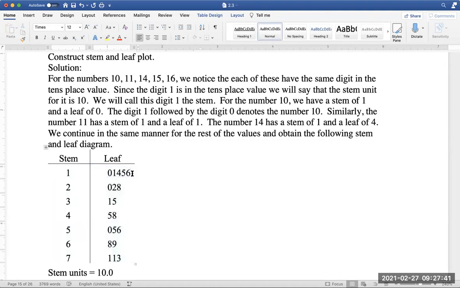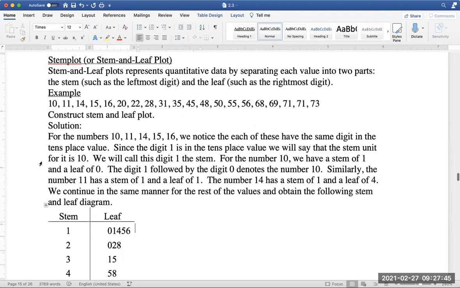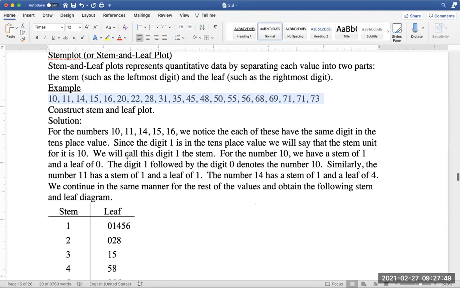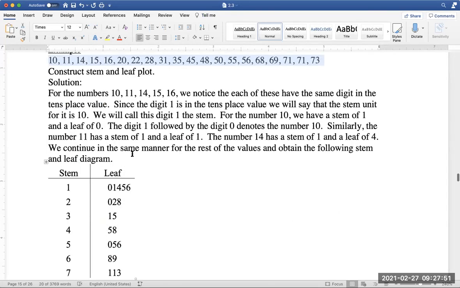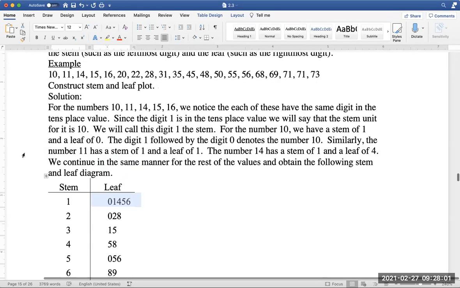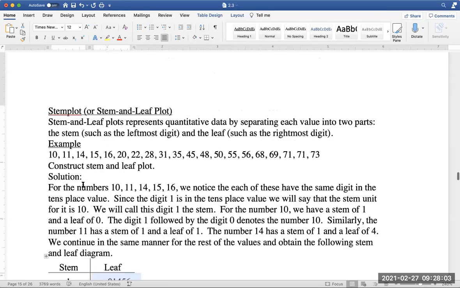Even if your data is not sorted, it's easy to sort it in a stem leaf diagram, because you usually just need to sort the leaves, and there are not nearly as many leaves as there were in the original data.